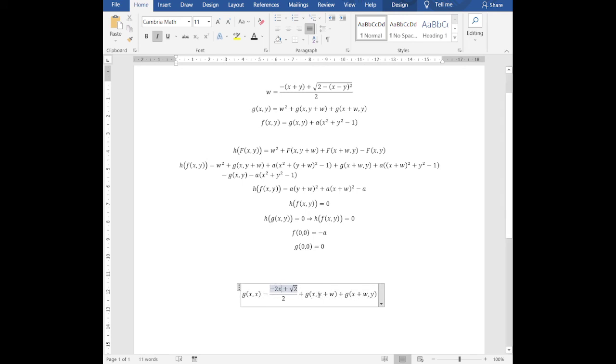It's 2x. X equals y, so this should all be squared. So we get that. Chuck that in there. Chuck that in there. Chuck this in here.